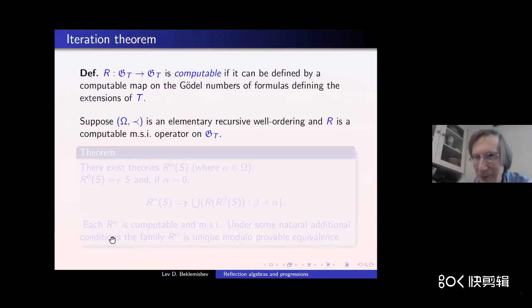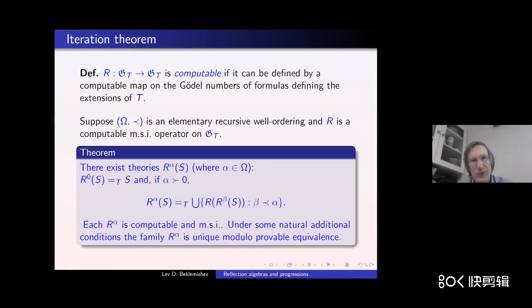Yeah, so it works for an arbitrary elementary recursive, or you can say recursive, well-ordering, and an arbitrary monotone semi-idempotent operator on this lattice. So that's the condition where it is sensible to define iterations. So it need not be omega, it can be essentially anything.